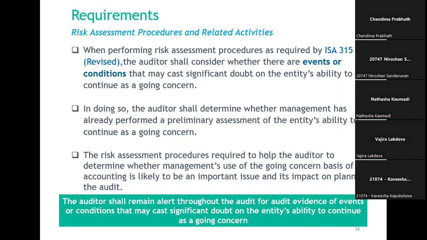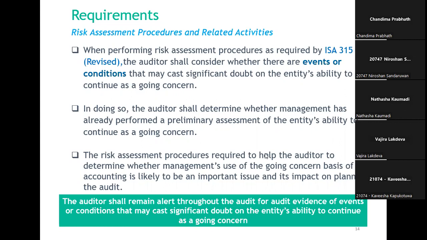The first one is whether there are such events or conditions. It may not be the case for a very profitable entity with forecasted profit for the future. If you take John Keells Holdings or Dialog or a very reputable bank or Hayleys Group, you will not identify events or conditions.